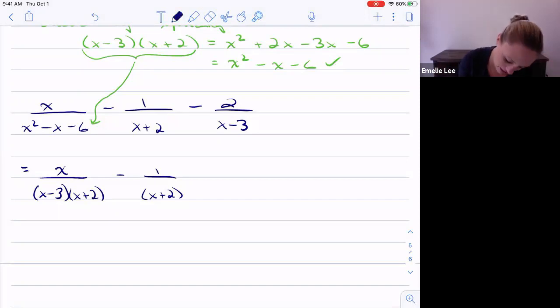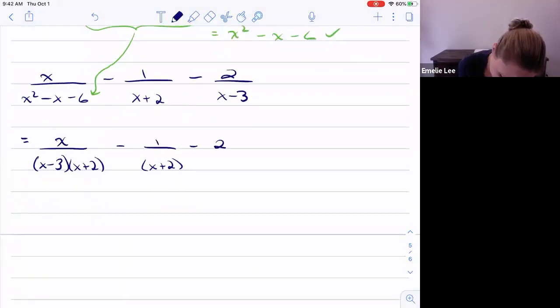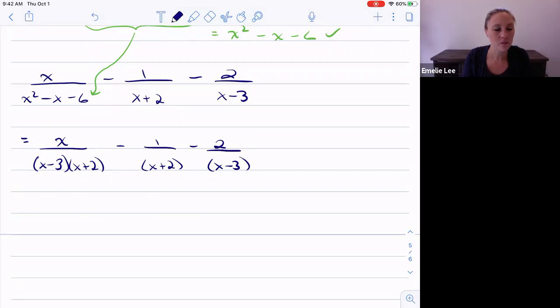Not really, but we'll pretend. 2 over x minus 3. Okay. So looking at this, x minus 3 times x plus 2, here I've got an x plus 2, here I've got an x minus 3.